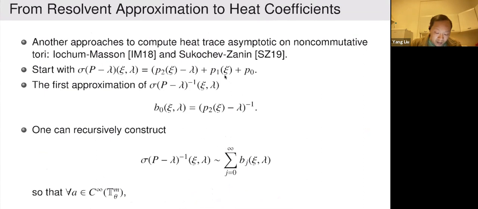In order to state my main results, let me review this algorithm to compute heat coefficients following pseudo-differential calculus. Before doing that, I just mention two other references: there are other approaches to compute these heat coefficients, but here we will mainly follow this pseudo-differential approach.